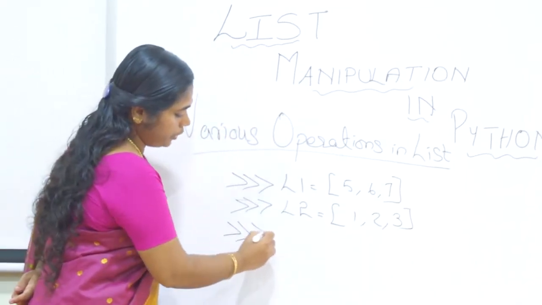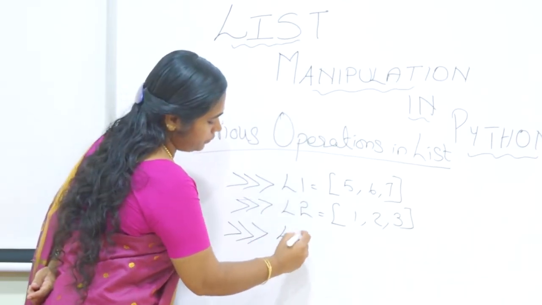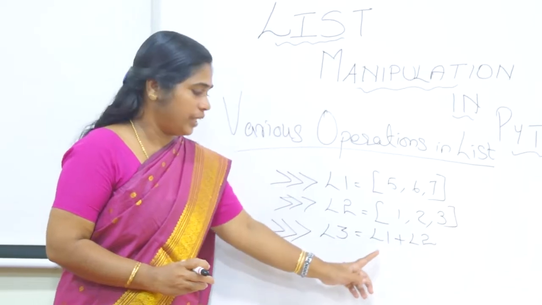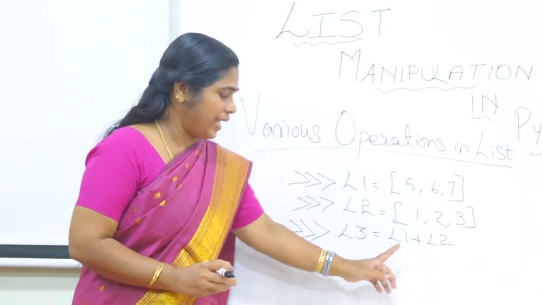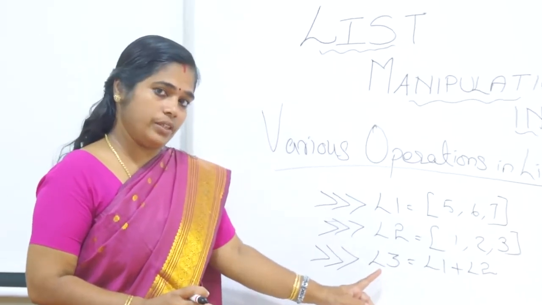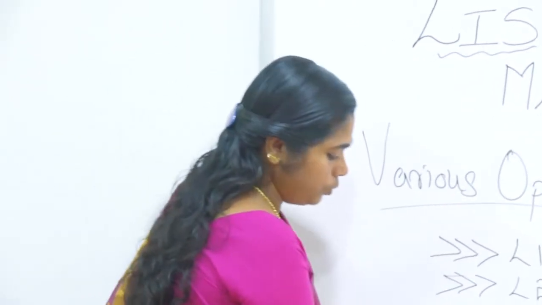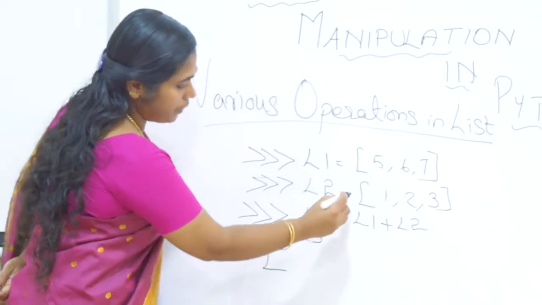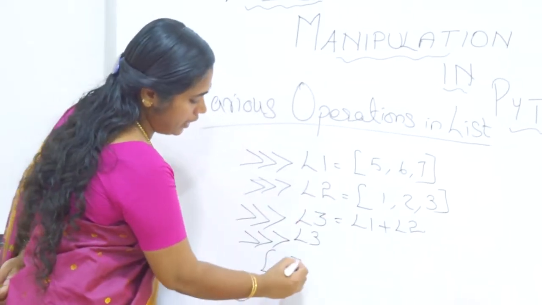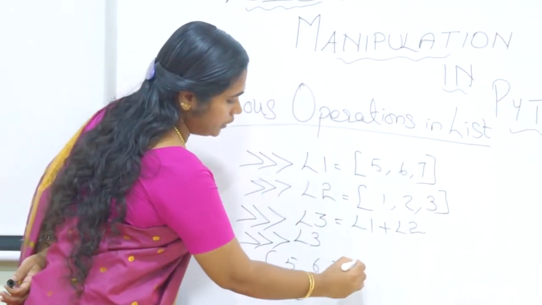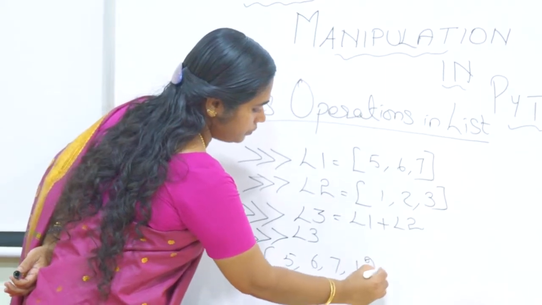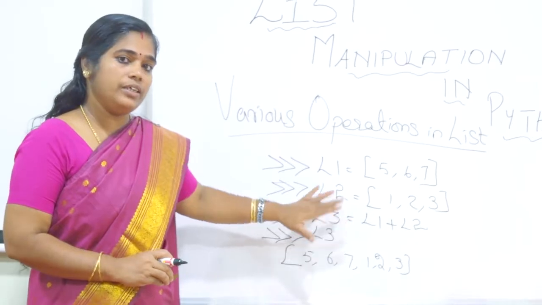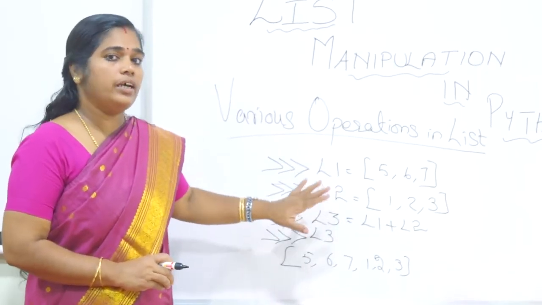If you want to join, just using the plus operator, we can join the 2 lists and generate a third list, that is L3. So now if you display L3, it will display the values from L1 and then L2 together like this. This type of operation is called joining a list.